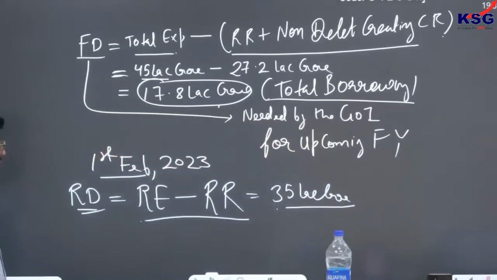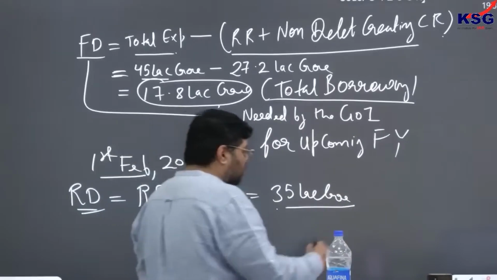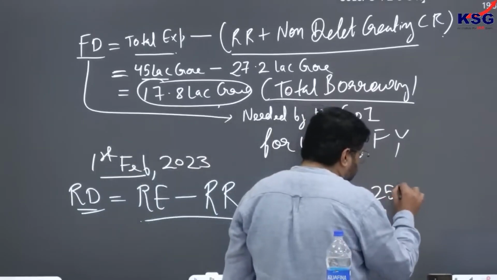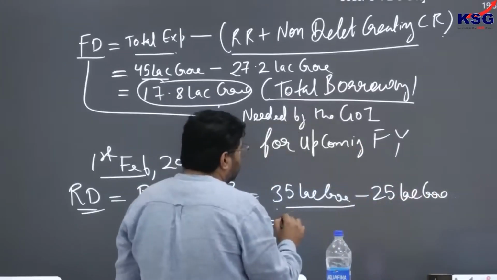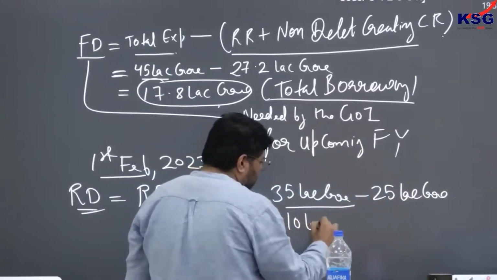My total revenue receipt, which includes tax revenue and non-tax, is around 25 lakh crores. So when I subtract it, it comes out to be 10 lakh crores.